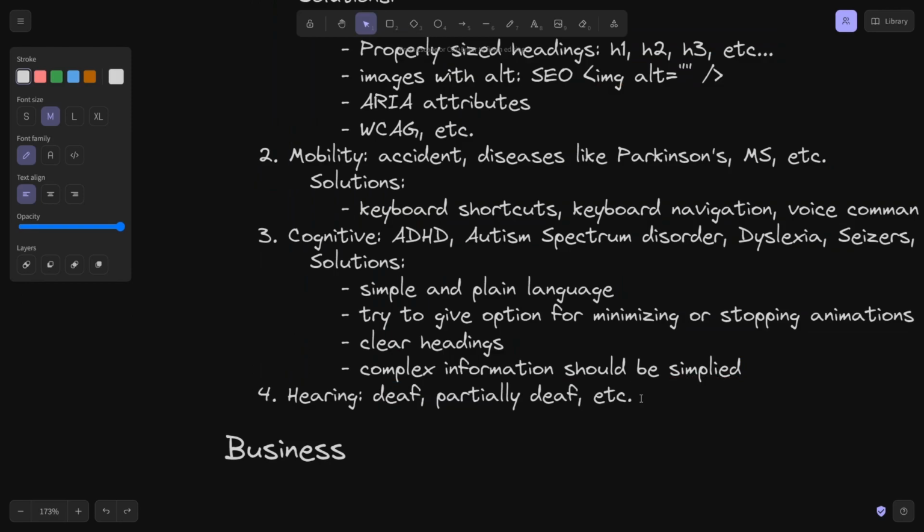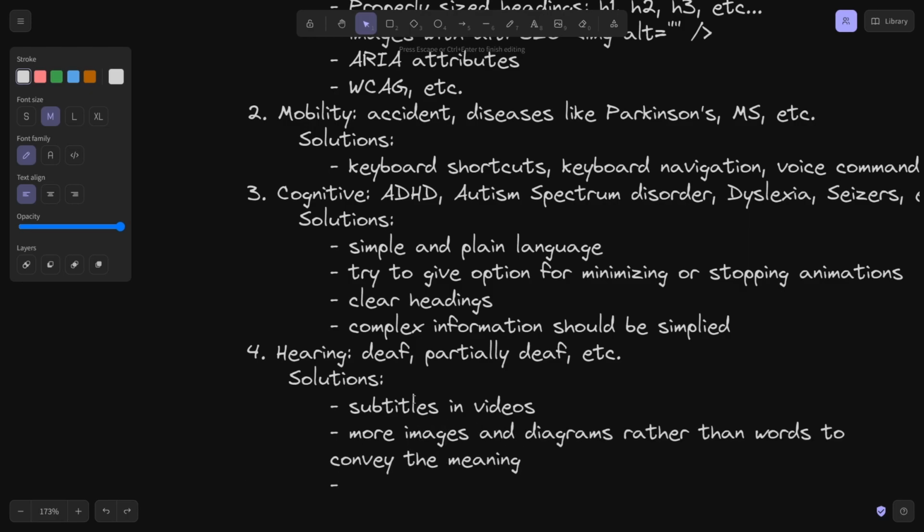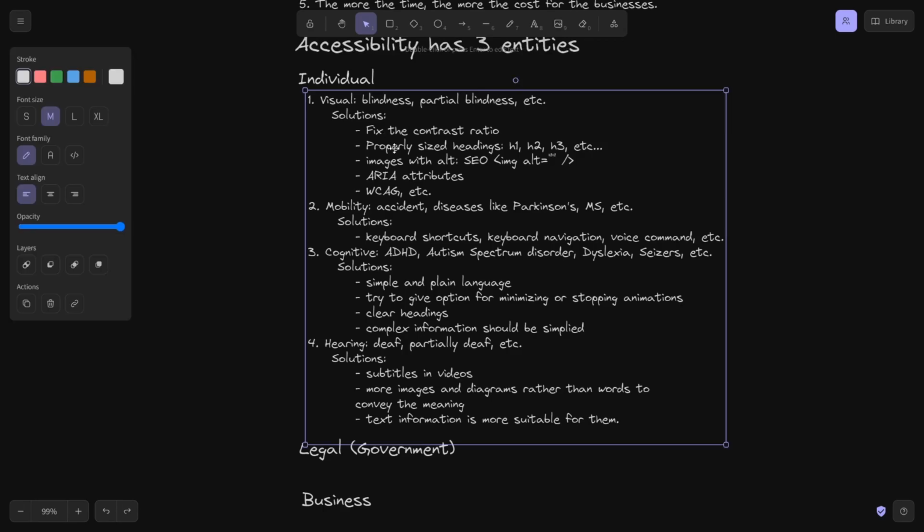So in terms of hearing, we will have solutions. If we have, say, videos, there should be subtitles in videos, more images and diagrams, and finally text information is more suitable for them. Okay, and these are the standard solutions that we can build into our app or our site by default when we are building it, so that there is some sort of head start for these people.